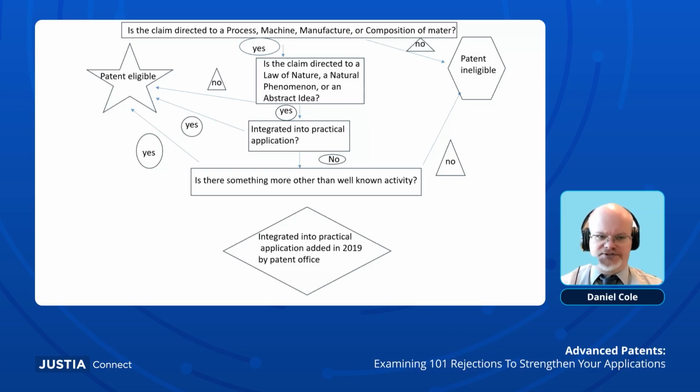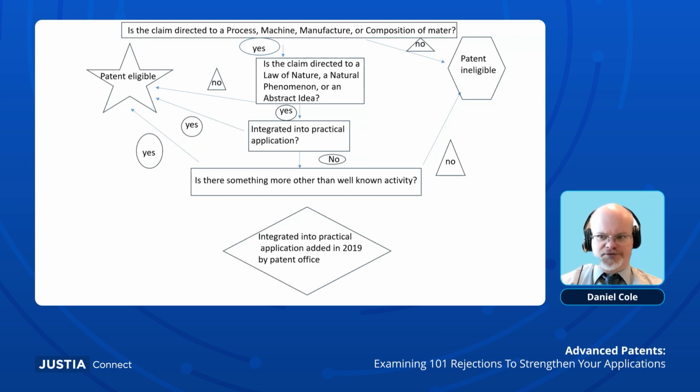But after that, you generally get to the main focus of today. Is there what is called a 101 exception to patentability? The first question that's asked to determine this is, is the claim directed to a law of nature, a natural phenomenon, or an abstract idea?